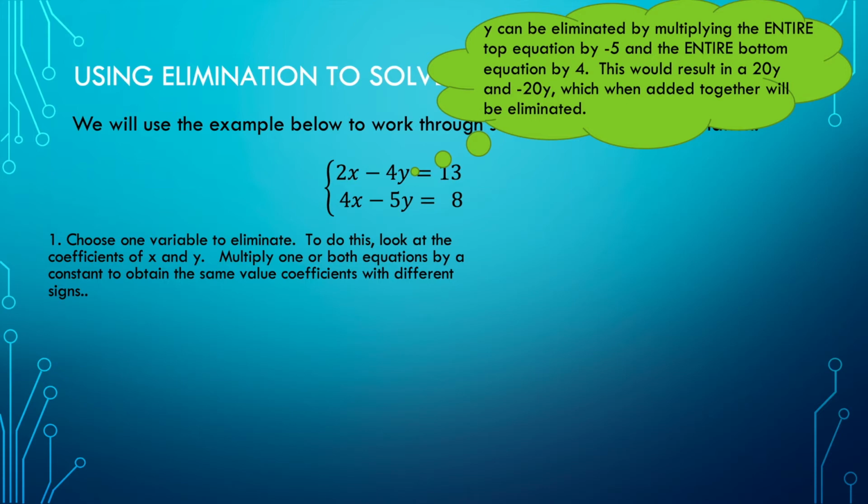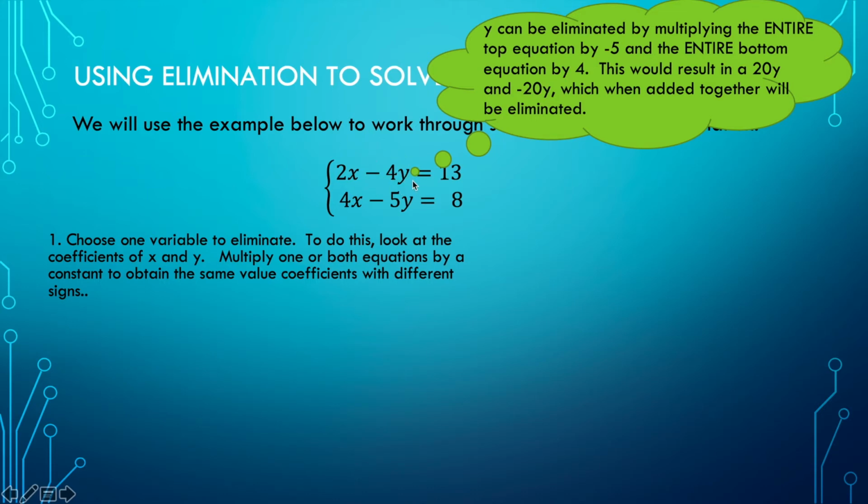So the idea, though, is we wanted one to be positive and one to be negative. So one of these would need to be multiplied by a negative version of the other coefficient. And it doesn't matter which one. So I could multiply this top equation all by positive 5 to get a negative 20y.